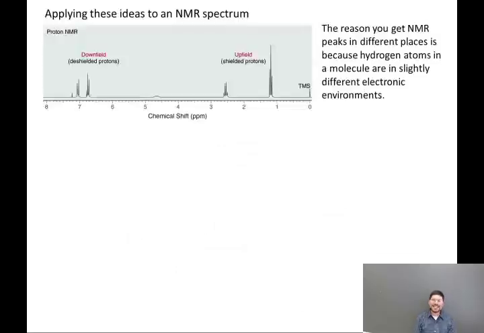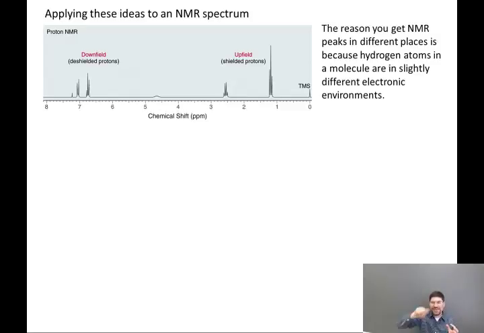Okay, so let's take these ideas and apply them to an NMR spectrum. So here's a picture of a typical NMR spectrum. And as you can see, there are a bunch of peaks in different places in the NMR spectrum. And the reason that you get peaks in different places is because the different hydrogen atoms in a molecule are in slightly different electronic environments.